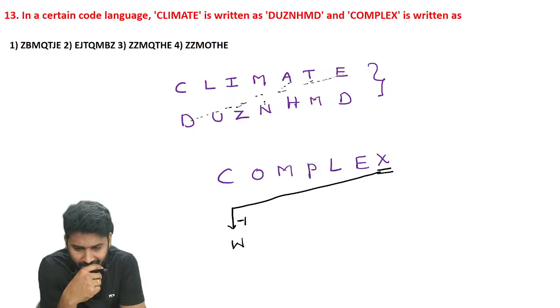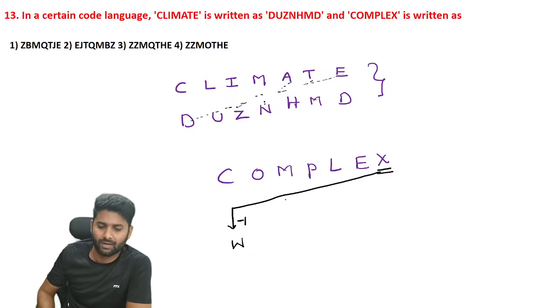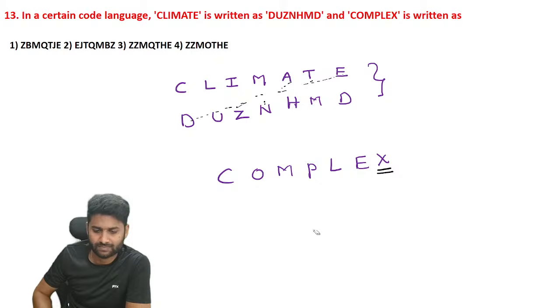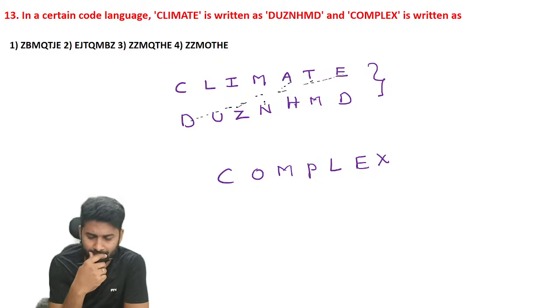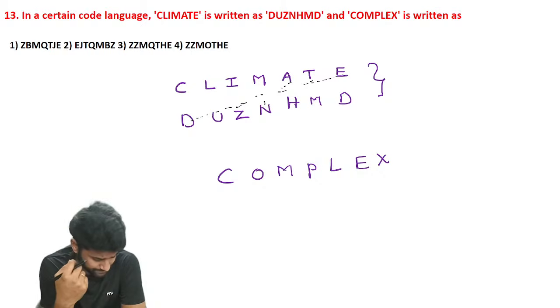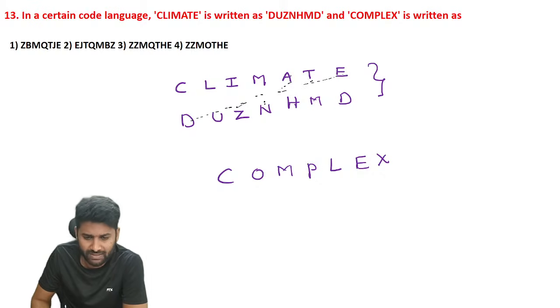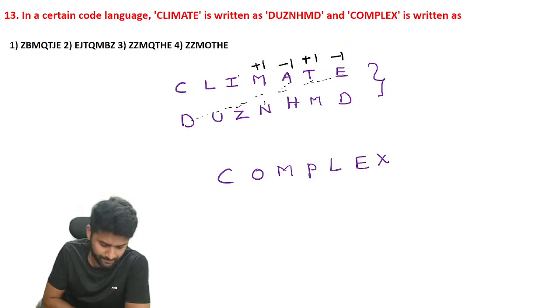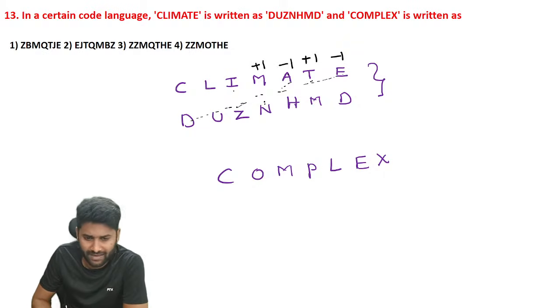And how is complex written? Oh, sorry. Minus 1, plus 1, minus 1, again a minus 1, L M N plus 1, again I is the ninth letter, H is the eighth letter, minus 1.